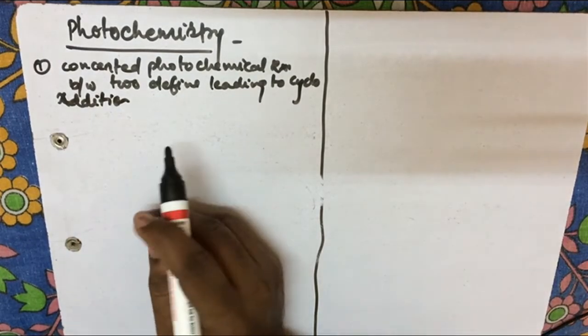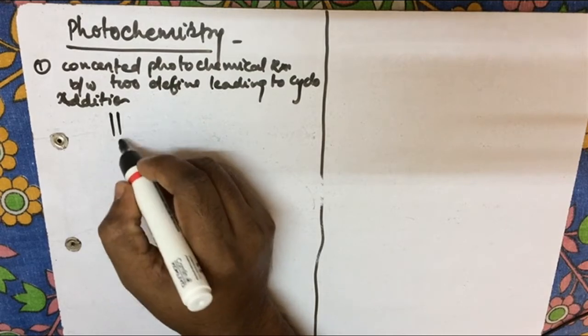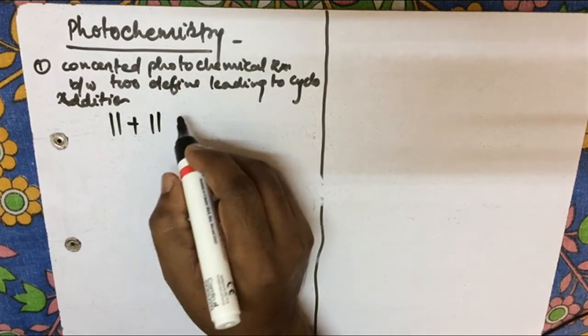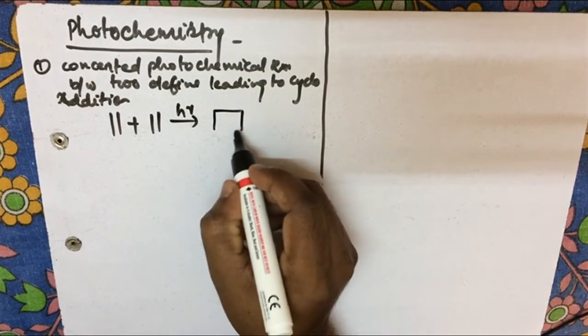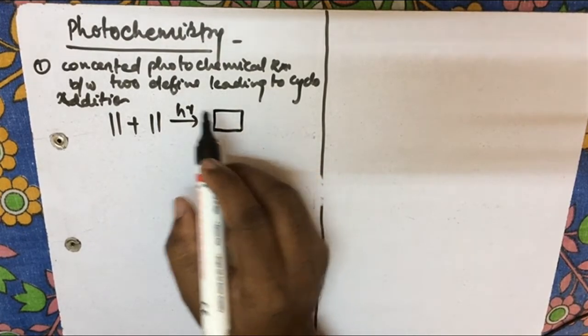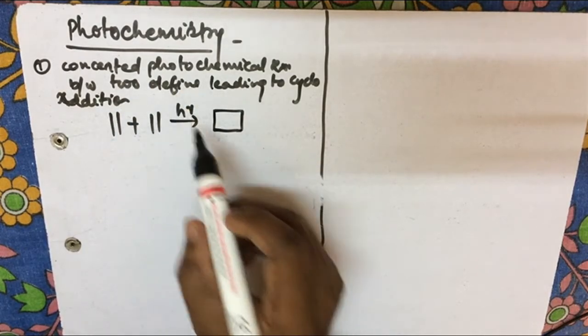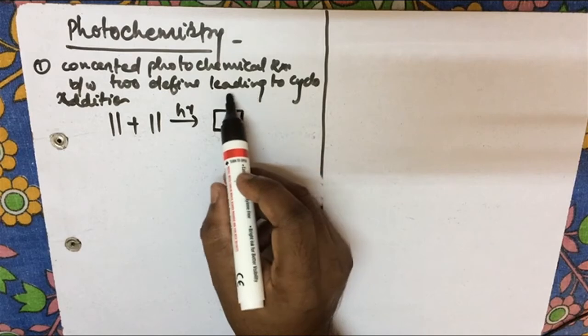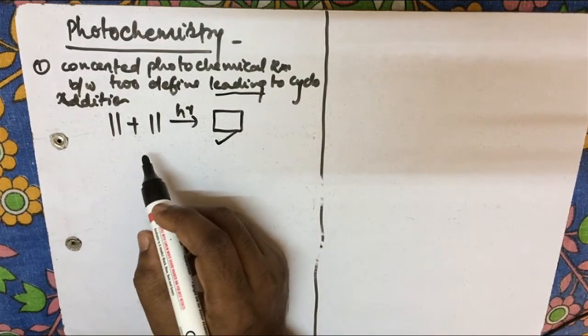If you see the example, this undergoes cycloaddition, forming this cyclic product. Here you are seeing two olefins leading to cycloaddition, so this will form.